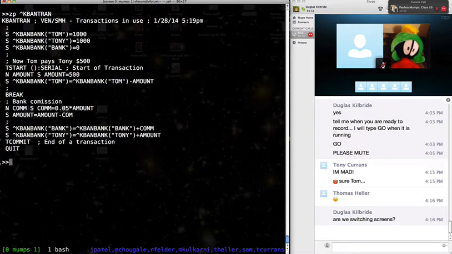All right, I'm going to explain all the little things inside of a transaction, but I just want to let you know that the TSTART command takes a couple of arguments, which we're going to talk about in a moment. So here's TSTART and TCOMMIT. Let's see what happens this time.